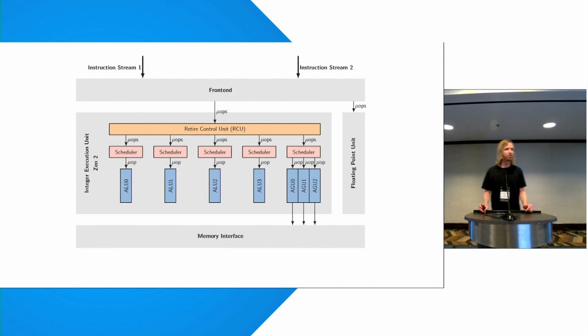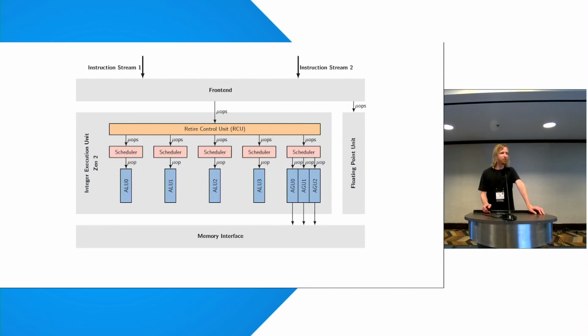These instruction streams go into the front end, and in the front end, the instructions are decoded into so-called micro-operations, or micro-ops. These micro-ops are forwarded to the retire control unit, and from there they go to the different schedulers.